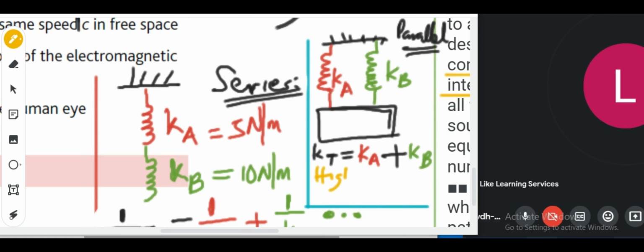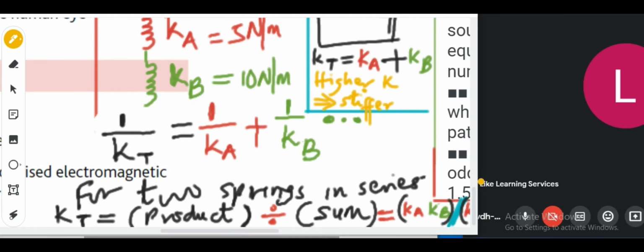Higher K implies a stiffer system. If the spring constant is higher, it is going to be stiffer. But here the spring constant is less, so it's going to be less stiff. So this one is lower K total, which implies less stiff.